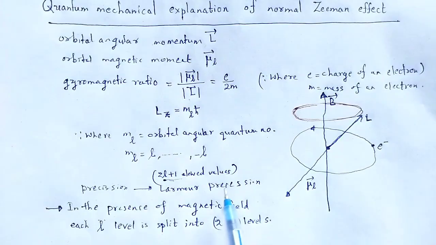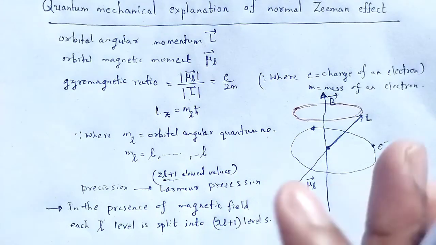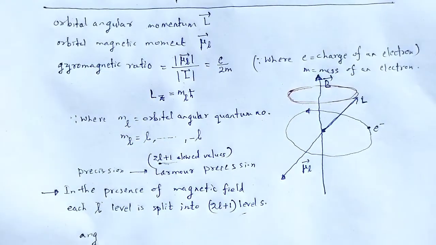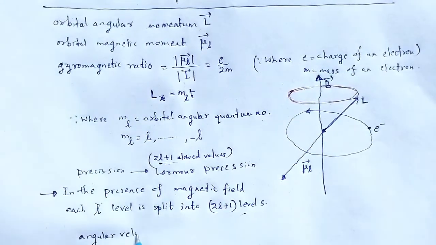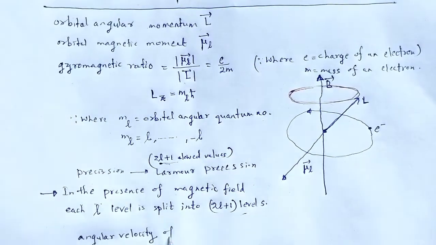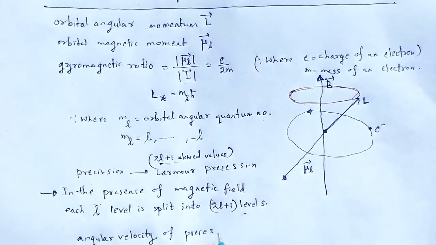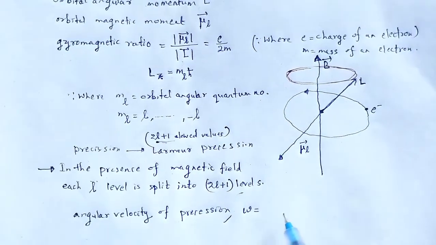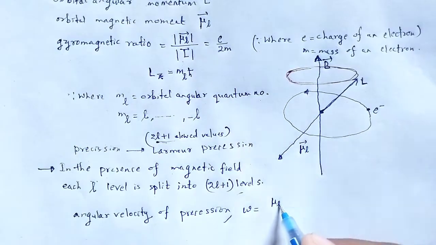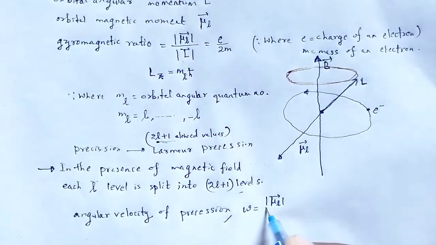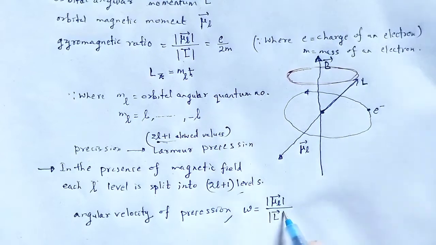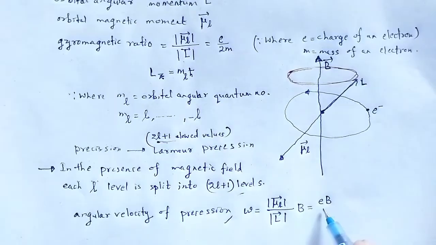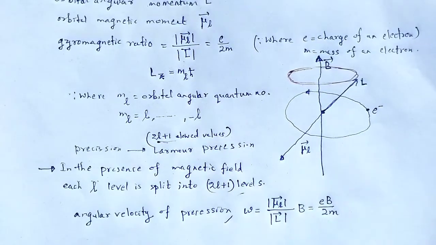According to Larmor's theorem, the angular velocity of precession is given as omega equal to the ratio of mu L divided by L into B, that is eB divided by 2m.